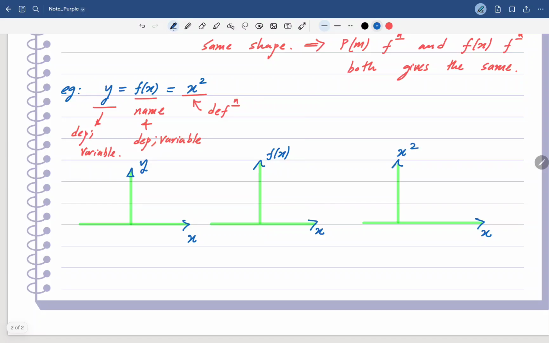So it's the same thing, because these three are equal to each other. It doesn't matter how you define your y-axis. You can say f of x, you can say y, you can say x squared. We are going to talk about the same thing. So now the definition is x squared. If you plot it, the plot looks like this. It's the same thing, different names. So you can take it like that.